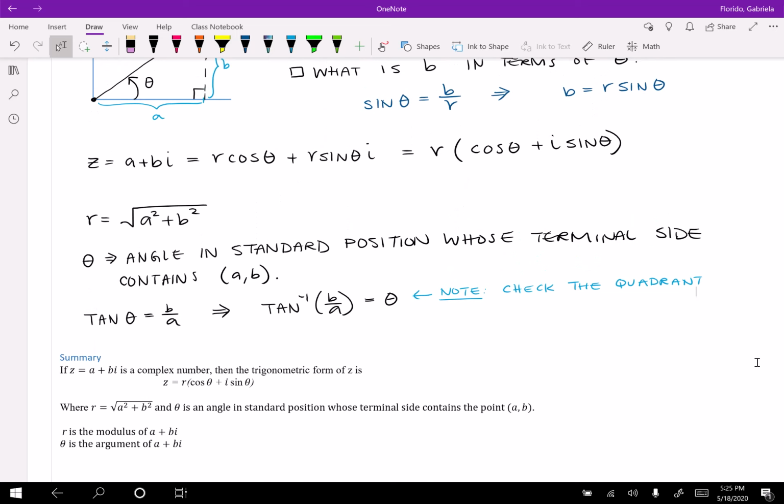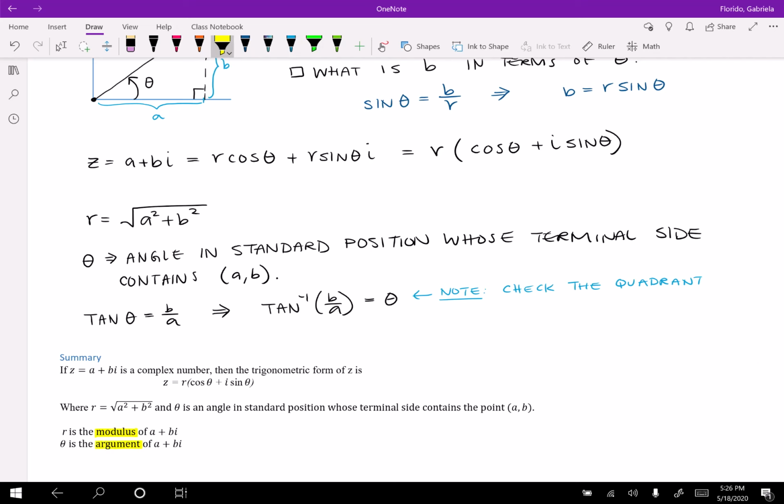And theta is an angle in standard position whose terminal side contains the point (a, b). r is called the modulus, which is the distance from the origin to the point, and theta here is called the argument. So r is our modulus, and theta is considered to be our argument.